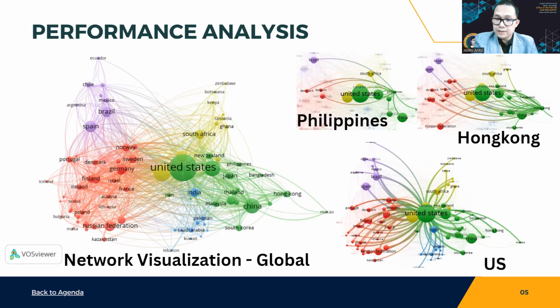In this illustration, we can see that the Philippines exhibits the closest connection with the United States when it comes to the themes and the methodological pattern of studies on SDG 4. So the Philippines belongs to one cluster of studies, which includes the United States.